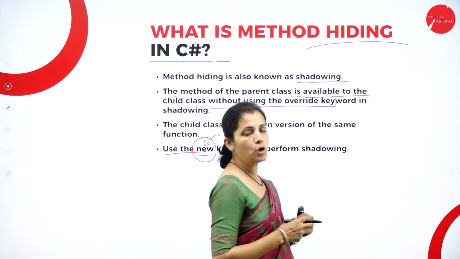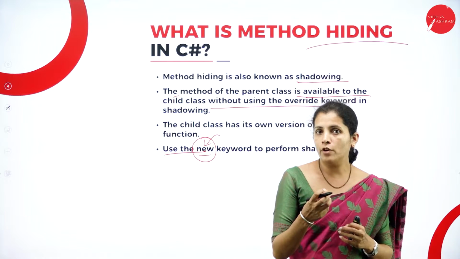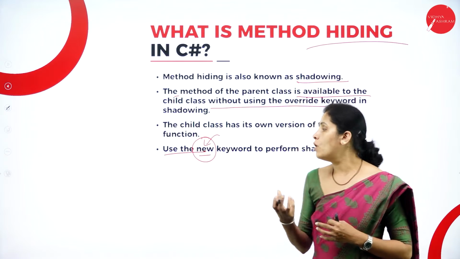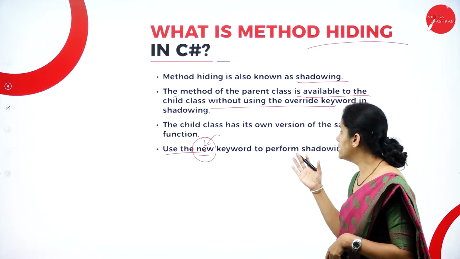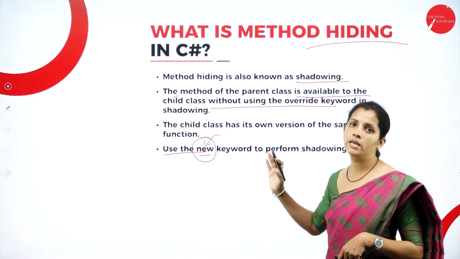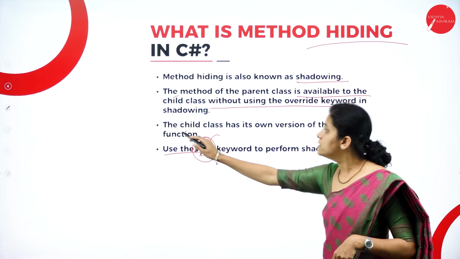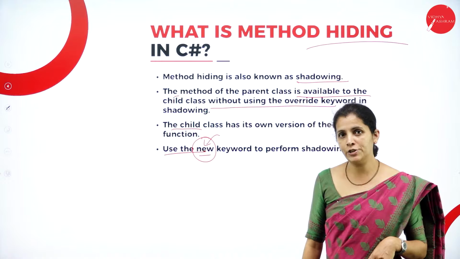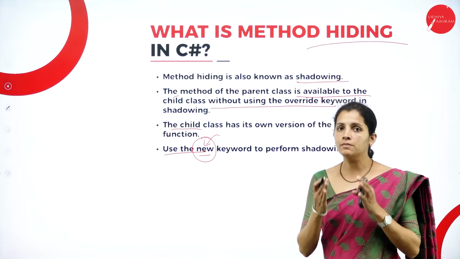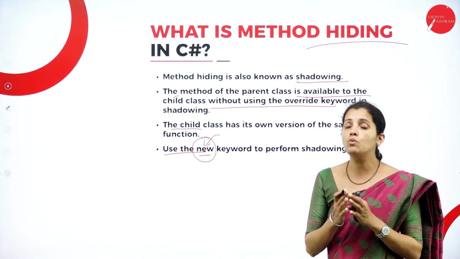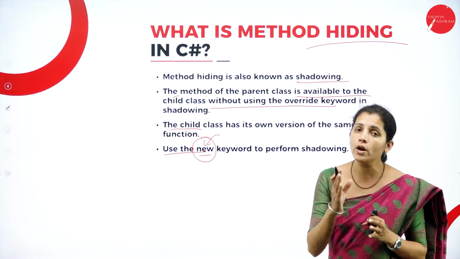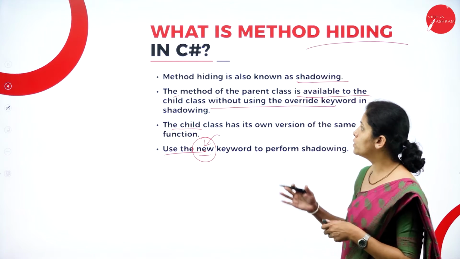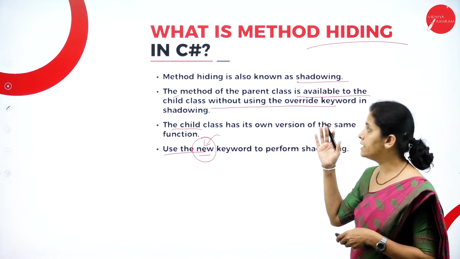That means if I want to hide a method from the implementation, then I can use the new keyword. So, the child class has its own implementation. That means if my child class wants to have its own implementation, then I want to use method hiding.